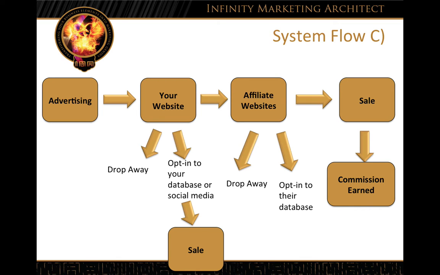Only then, after they've opted in, they go to the company's website, that affiliate website. If that person then drops away, they didn't buy that Wealth Dynamics profile token of Roger Hamilton's, that's okay. You have them on your database now, so you can market to them and introduce that offer to them again down the road. So you still have that lead.